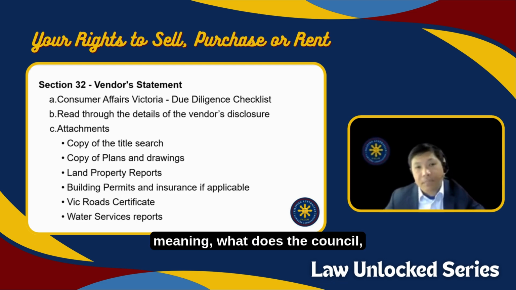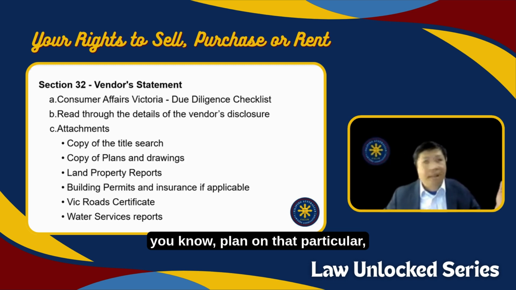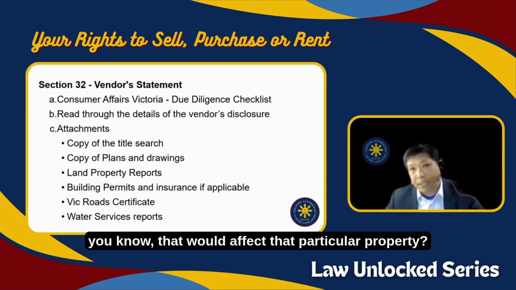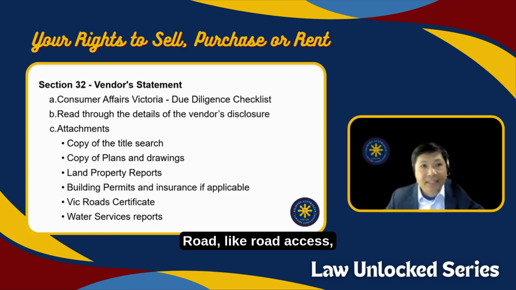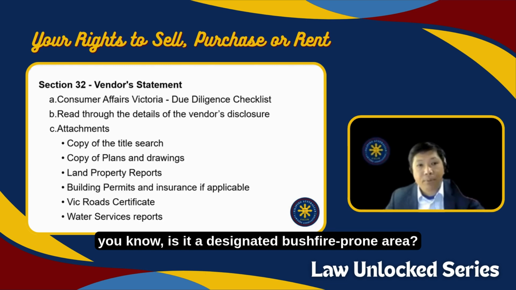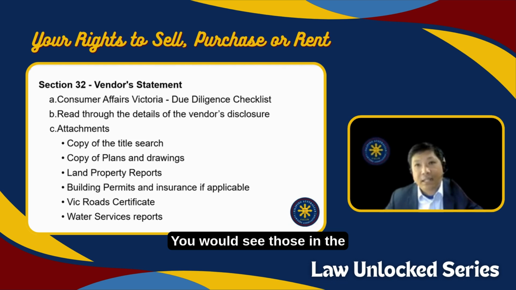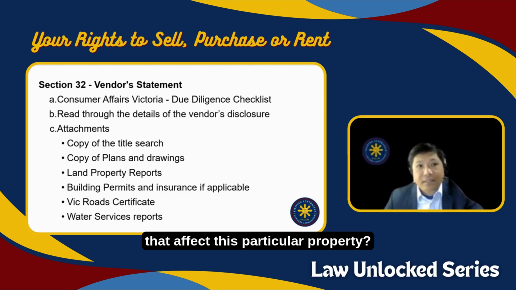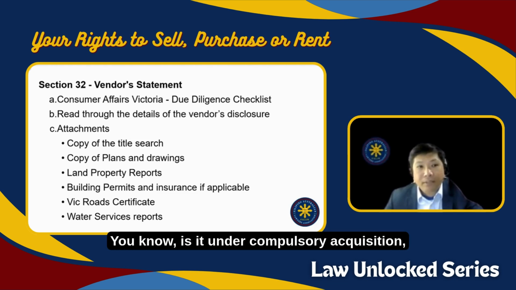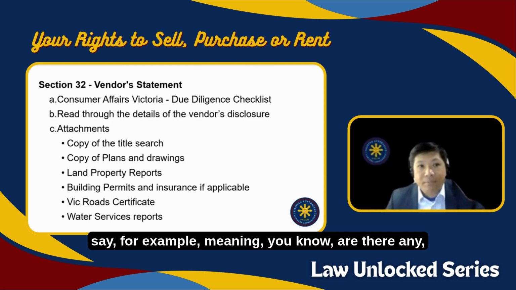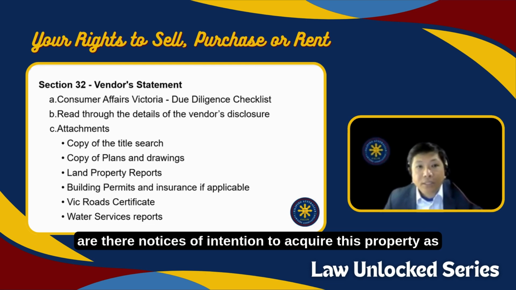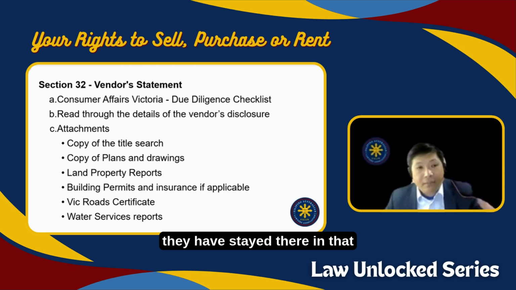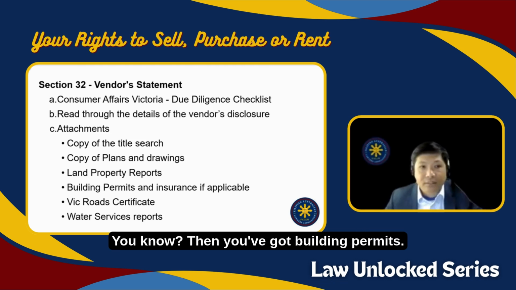Land use, meaning are there any council plans on that particular property that would affect it? Road access, is it a designated bushfire prone area? You would see those in the Section 32. Are there any outstanding notices or orders that affect this property? Is it under compulsory acquisition, for example, meaning are there any notices of intention to acquire this property, as they have stayed in that property for more than 15 years?